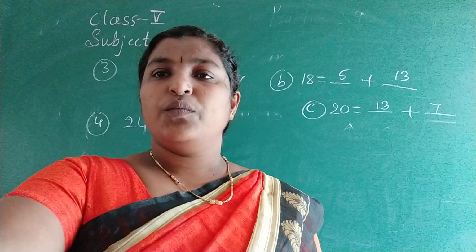See, 13 plus 7 if we do, what will happen? Add it. So 13 plus 7, how much? 7 plus 3, 10. So the answer is 20. So we should express the given number in terms of prime numbers.